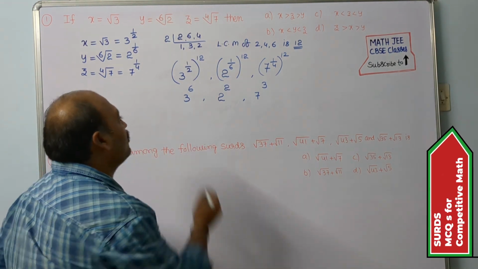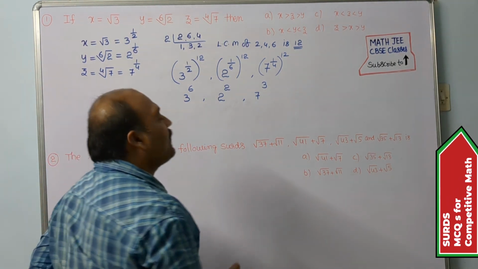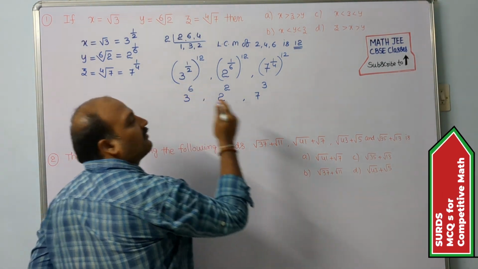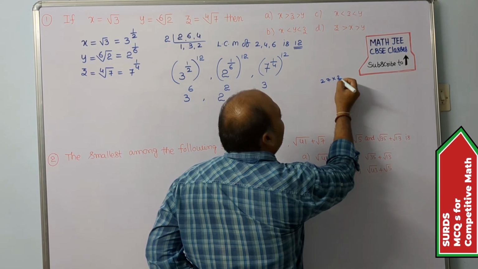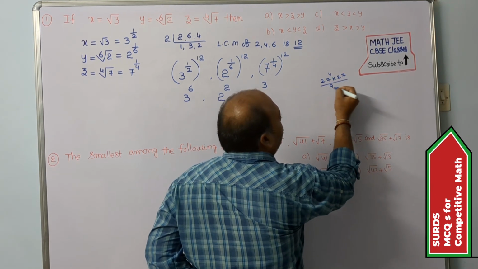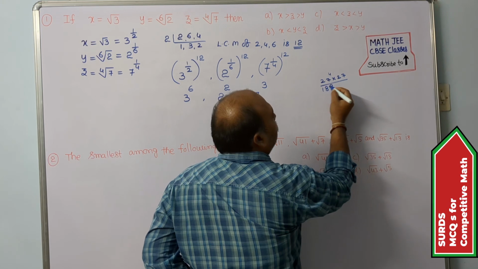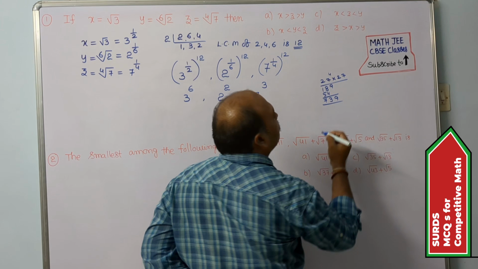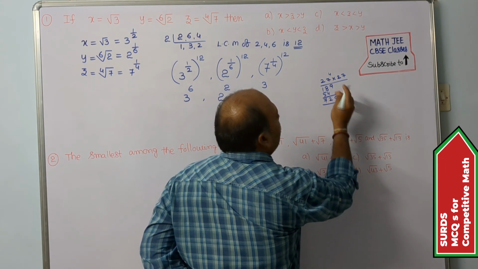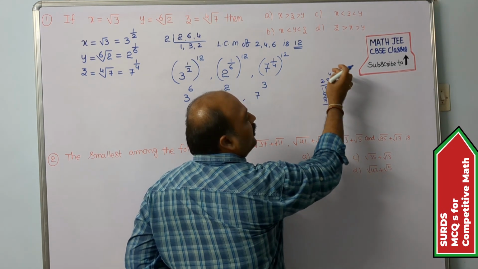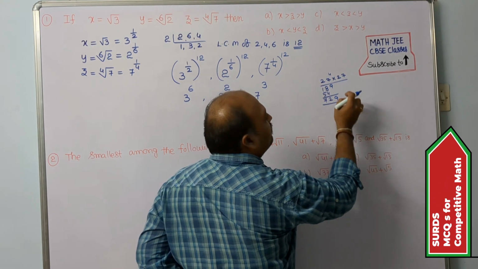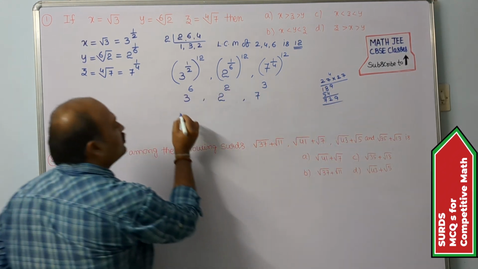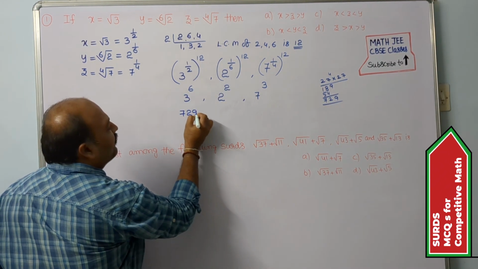Now we will calculate the values. 3 power 6: 3 power 3 is 27, and 27 into 27 is 729.